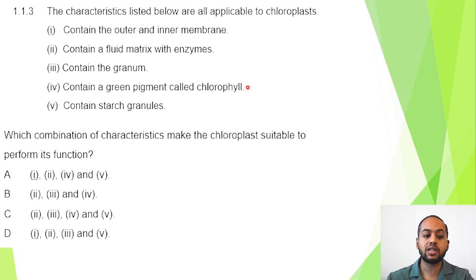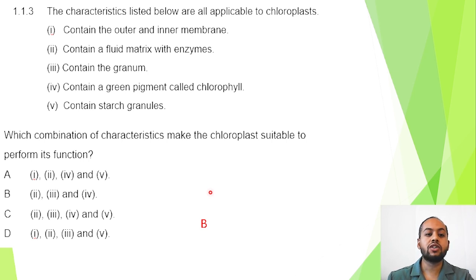Definitely, because chlorophyll is a requirement. Contain starch granules. You are not going to use the starch granules in the process of photosynthesis, which is the function of the chloroplast. Therefore, number 2, number 3, and number 4 are correct. So number 2, number 3, and number 4 is option B, and therefore B is the correct answer.